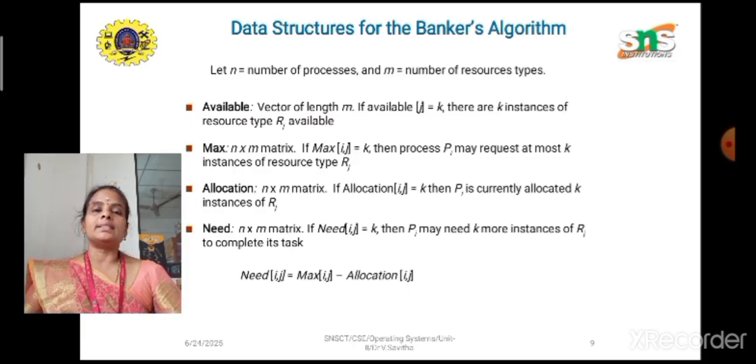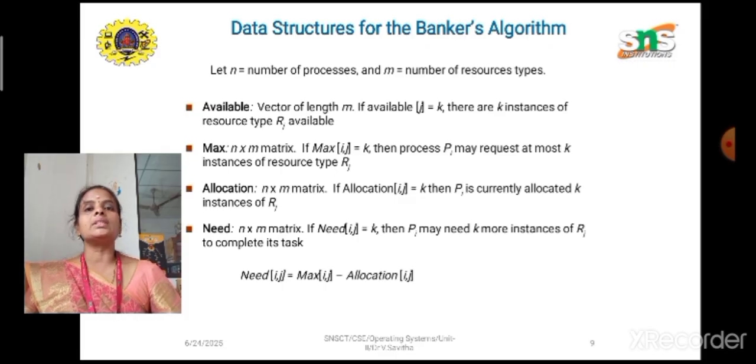With these assumptions, we are going to compute 4 main matrices. Let's assume there are n processes and m resources. First is Available, which means how many instances of the resources are currently available. Max is a matrix which gives how many of the resources are requested by a particular process. Allocation is a matrix which indicates how many of the resources are currently allocated to a particular process.